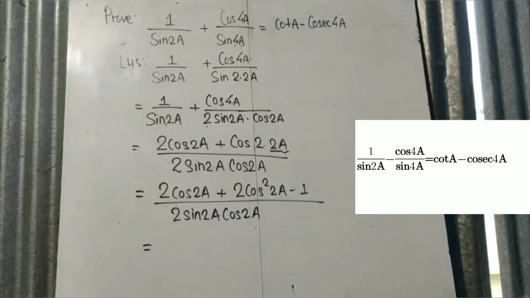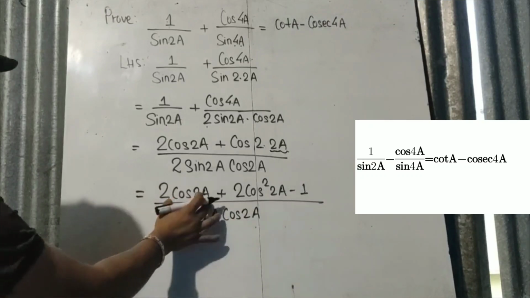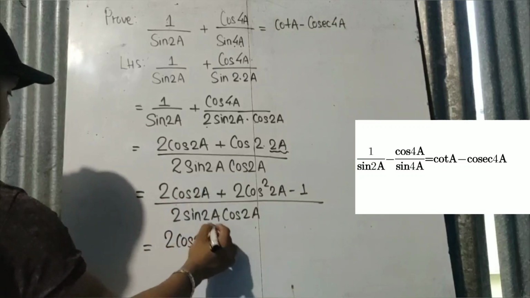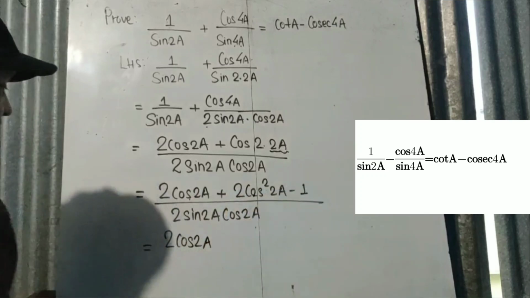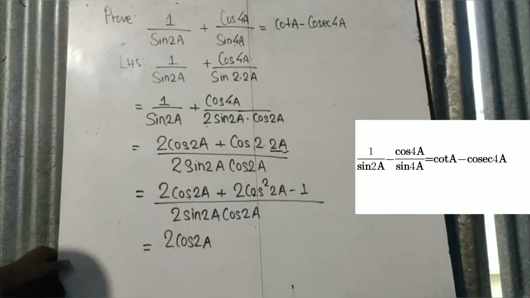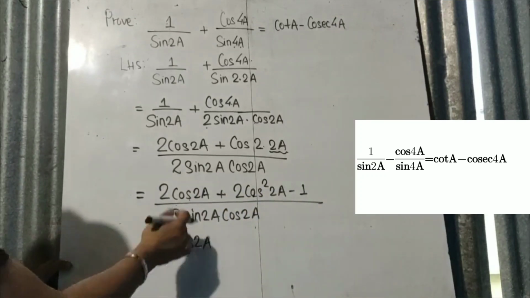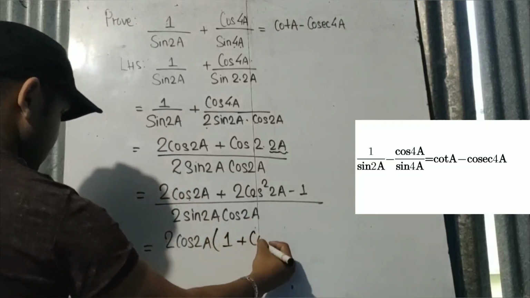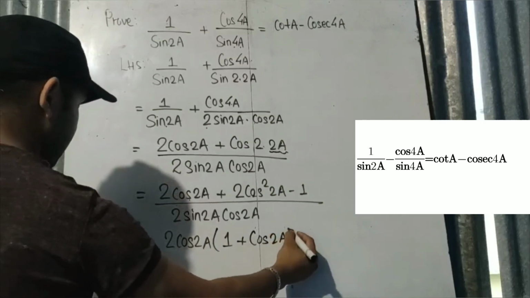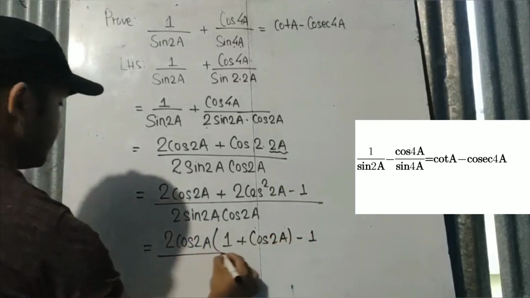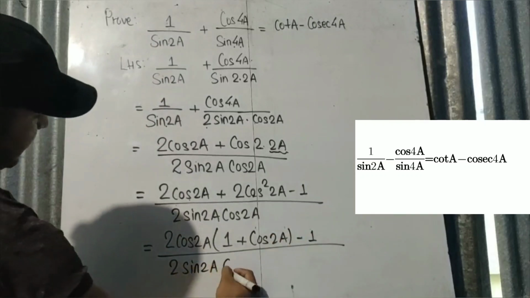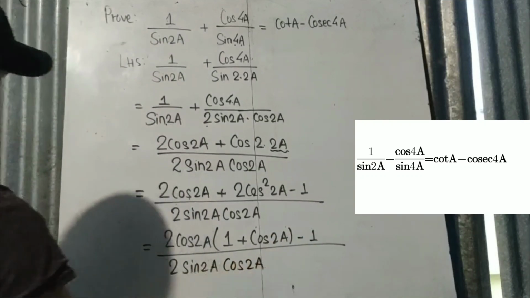Now we'll take common from here: 2 cos 2a is common from the first two terms. The last term is not taken into consideration. From the first two terms we got 2 cos 2a common. Now what we have is 1 plus cos 2a minus 1 by 2 sin 2a cos 2a.